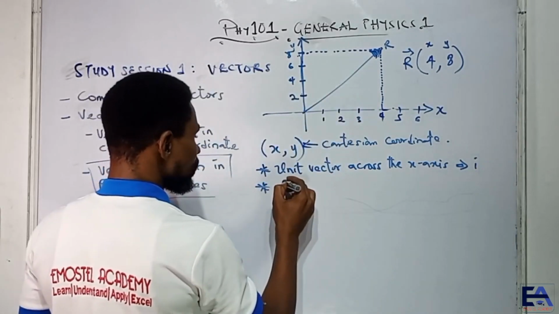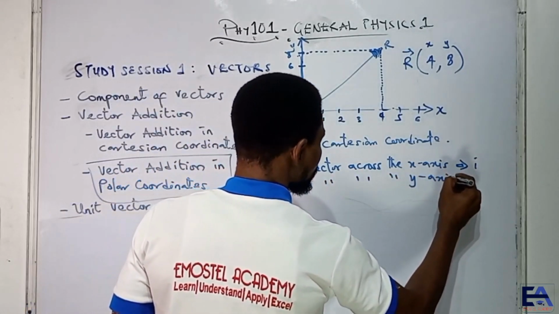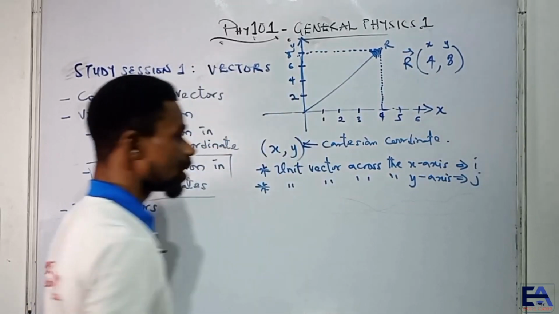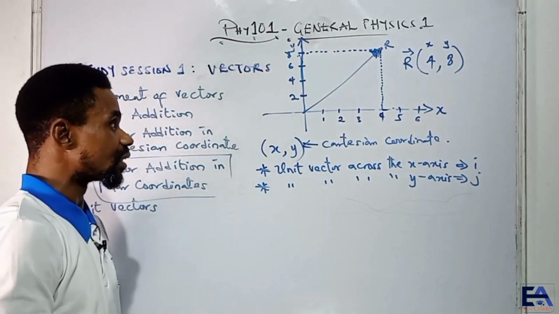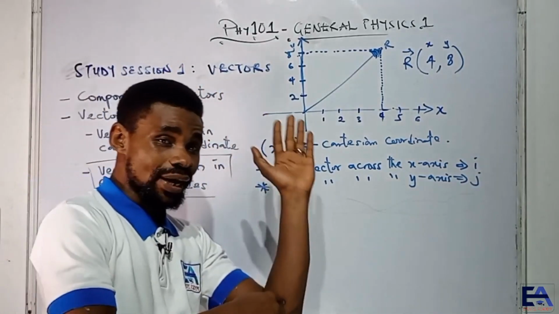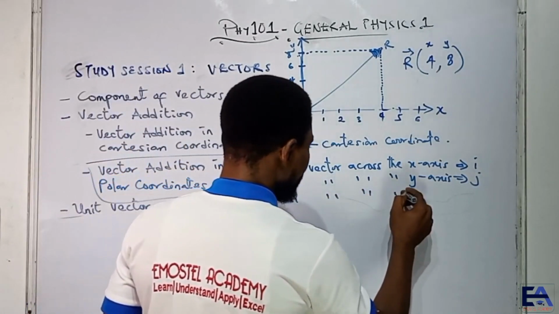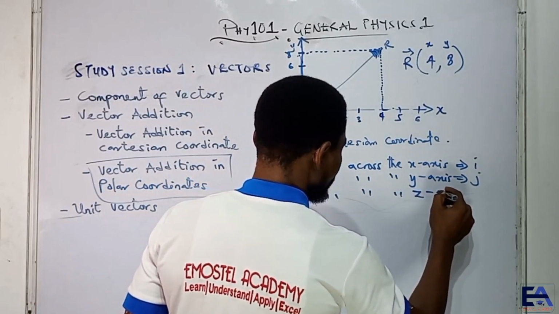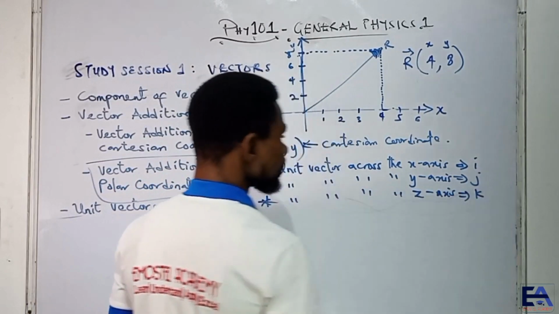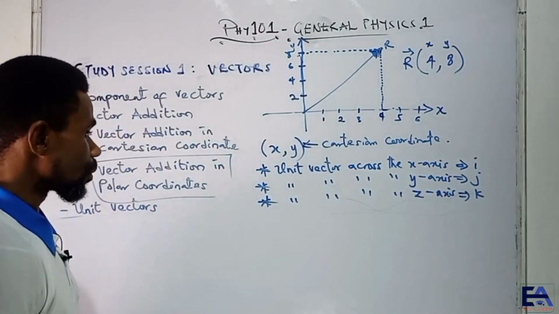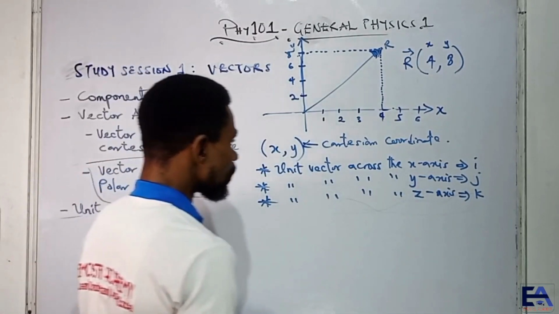The unit vector across the y-axis is represented by letter j. If we have a 3-dimensional plane, that is 3 axes, x, y, and z, the unit vector across the z-axis is represented as k. I'm going to show you an example of a 3-dimensional plane, but let's still move on.